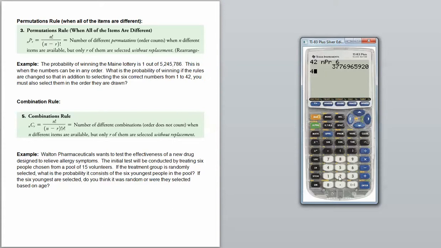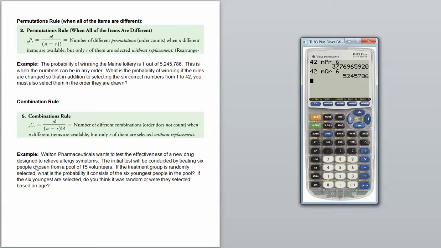So if you select 42, hit the Math key, over to Probability, nCr, we're selecting 6 numbers. That's where the 5 million value came from. The difference between these two is that if you took this number up here and divided it by the total number of ways you could arrange 6 objects, you would end up with the 5 million.